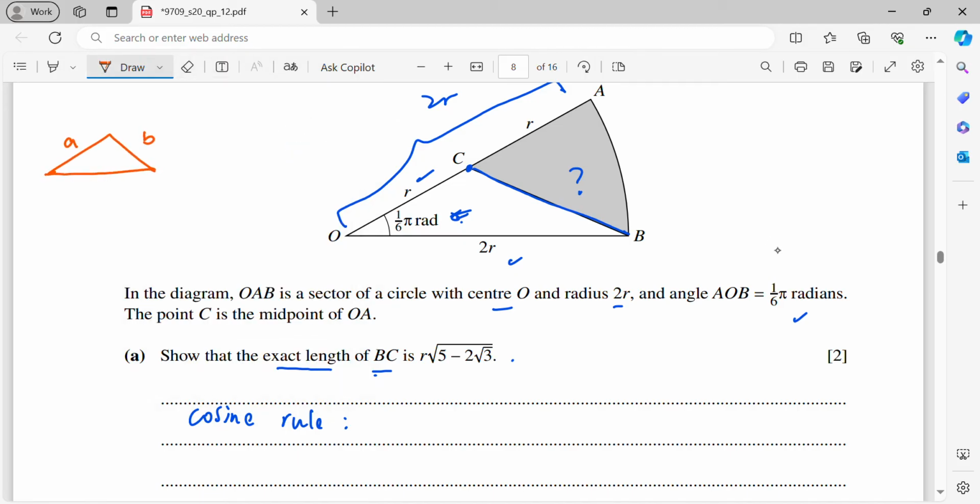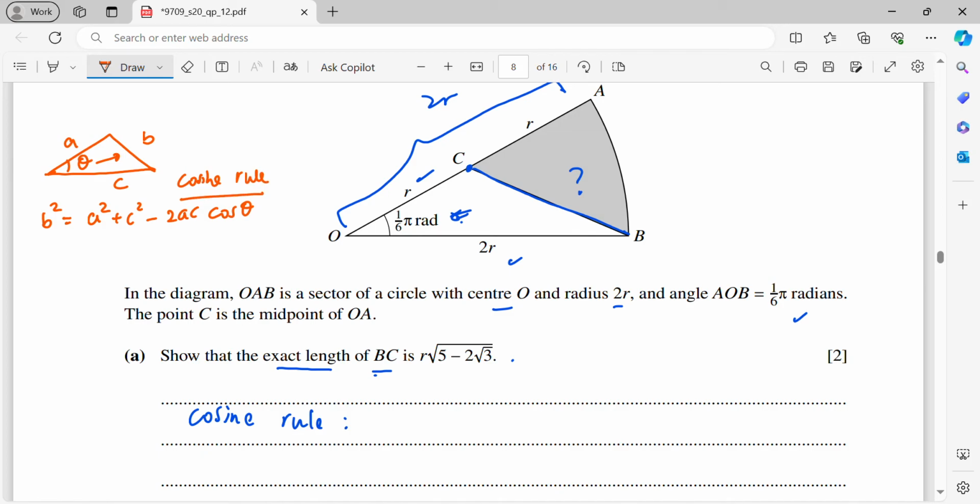Here A, here B, C. This is theta. So as long as the angle opposite to the side is B, I will just write B squared equals to sum of the other 2 squares minus 2AC cos theta. This is a cosine rule.